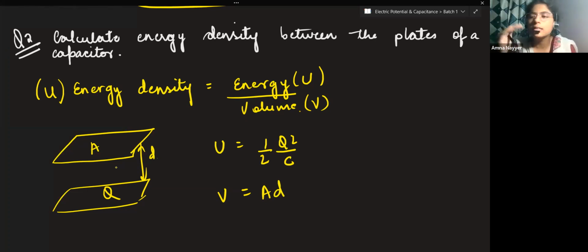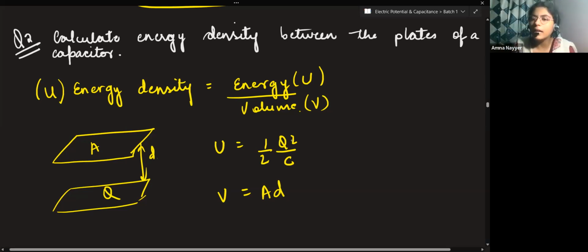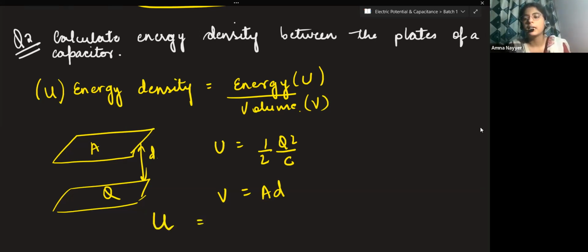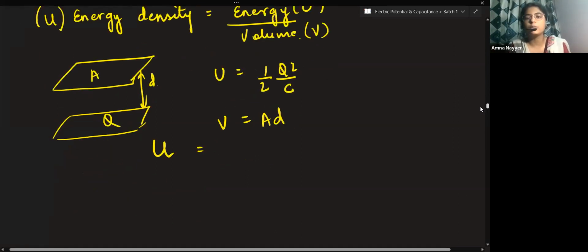The area is A, and thickness means the separation between the plates, that is D. The energy is Q square by 2C, which we derived today only. Volume is A times D. Now let's put it in the main formula of energy density. This will become Q square by 2C.